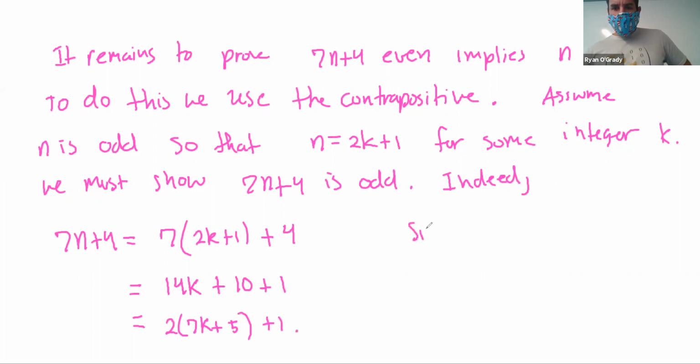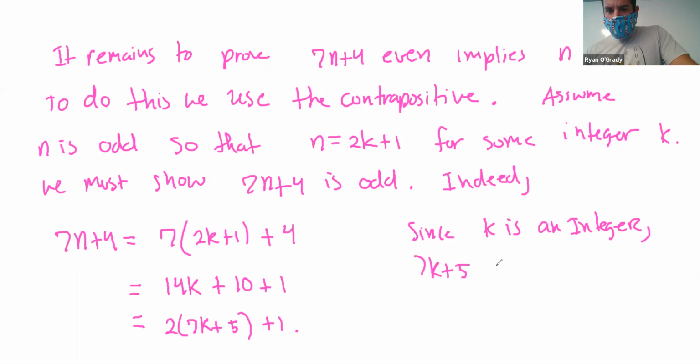And then we can reason, since k is an integer, 7k plus 5 is an integer.